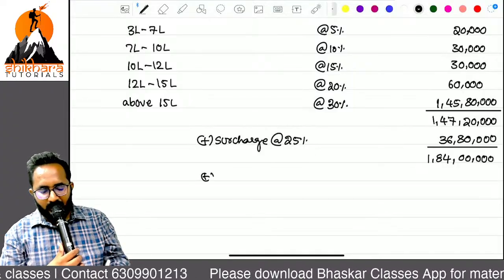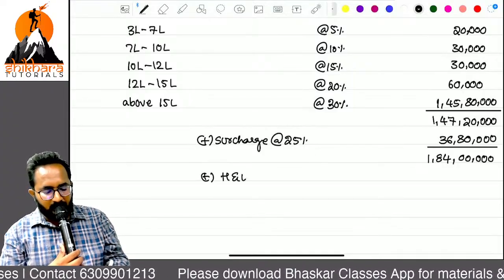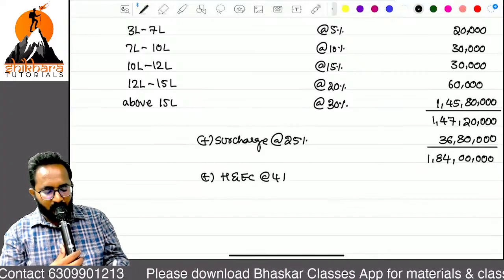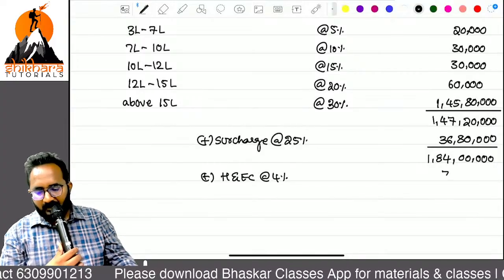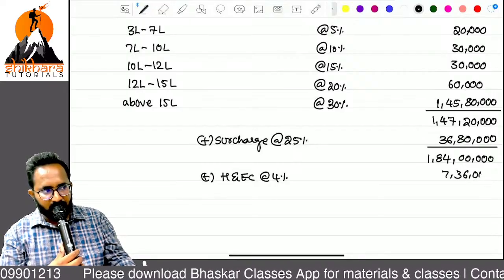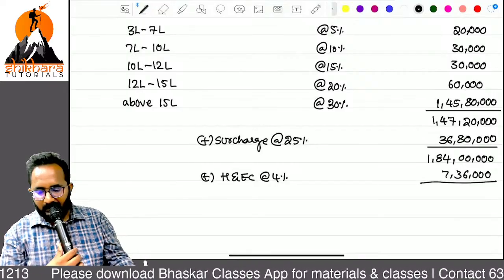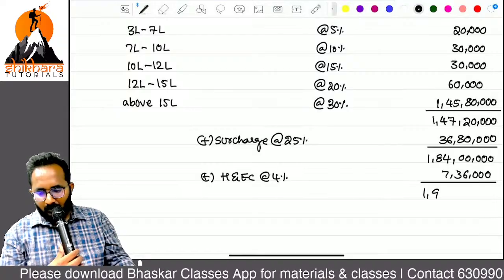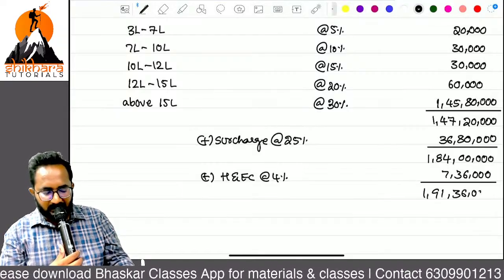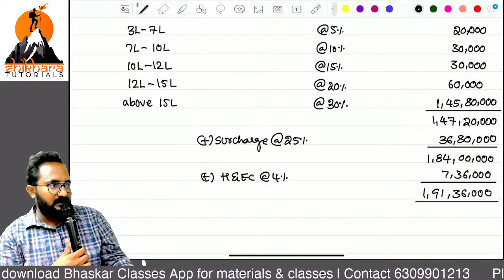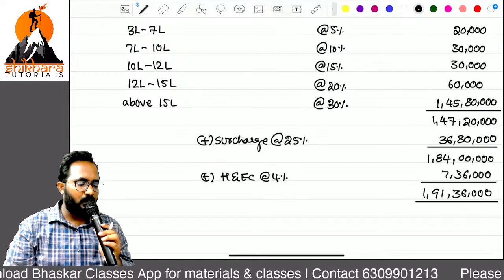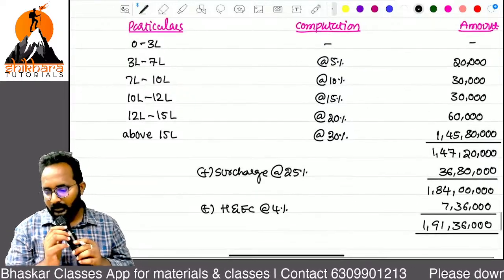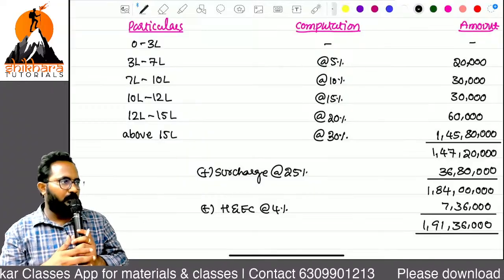Plus we add health and education cess at 4%, which is 7 lakh 36,000. Are these computations correct or incorrect? 1 crore 91 lakh 36,000 is the answer you will get if you follow the default tax regime.